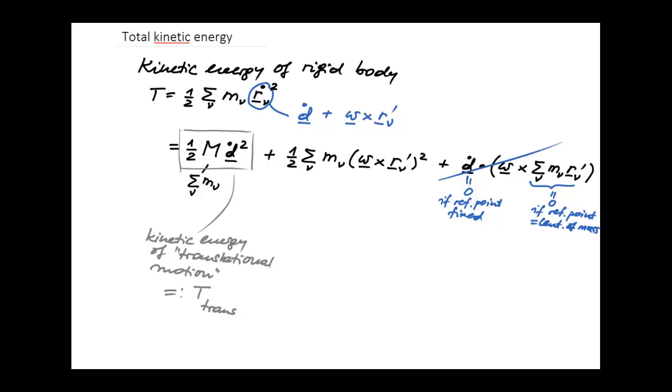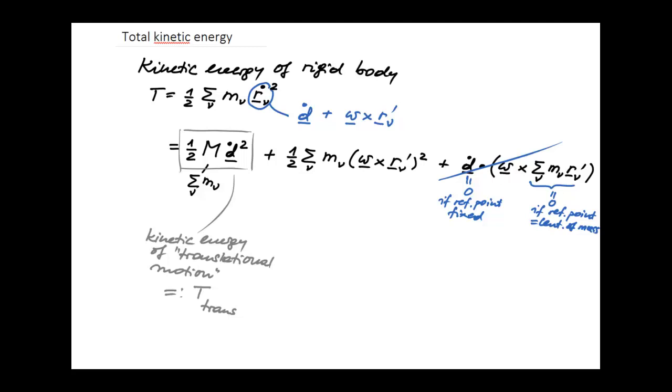In that case, we said the reference point coincides with the center of mass, so the d dot describes the velocity of the center of mass. And then what we have there is 1/2 times total mass times velocity of the center of mass squared. So it's the kinetic energy associated with the motion of the center of mass. And if the body was a mass point rather than a rigid body with a finite extension, then this would be the only contribution to the kinetic energy.